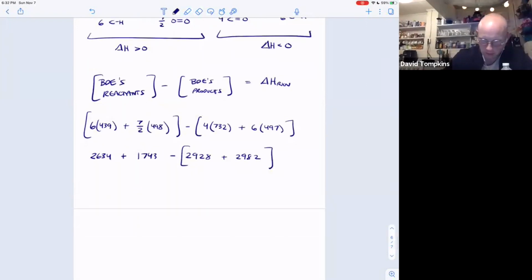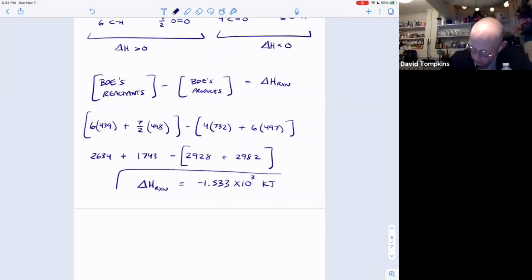Okay, so the overall enthalpy change should be exothermic. It's combustion, releases heat, and it is negative 1.533 times 10 to the third kilojoules.